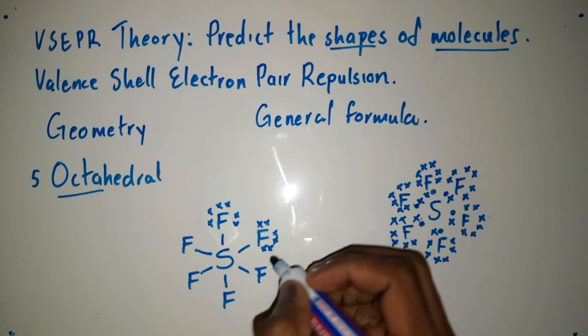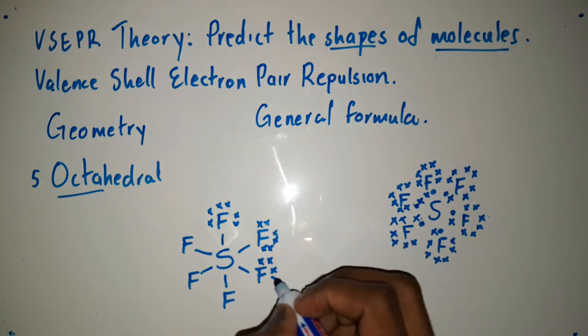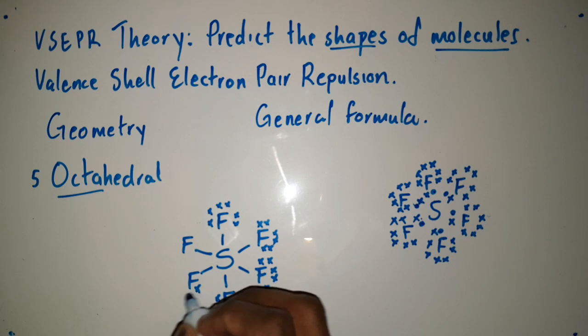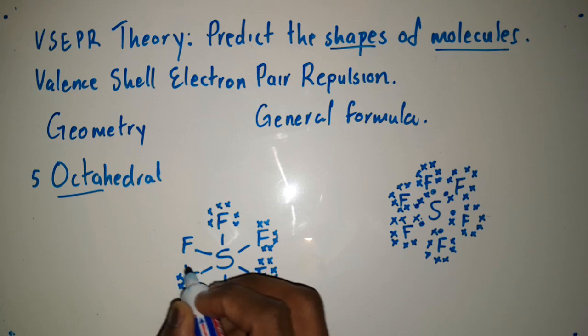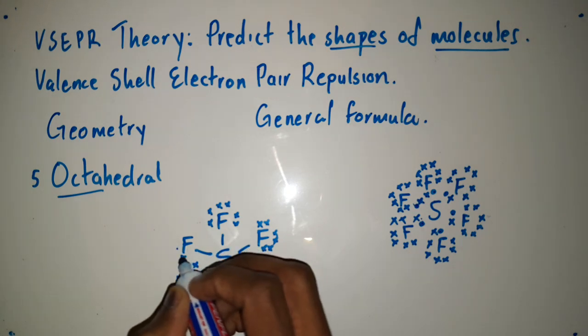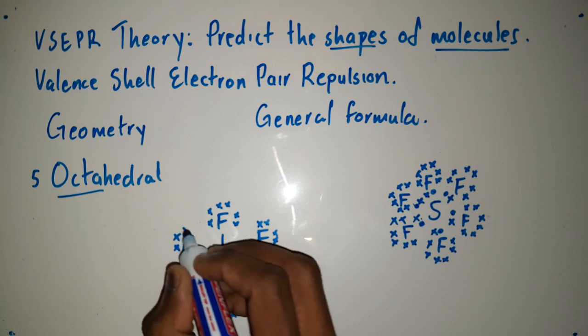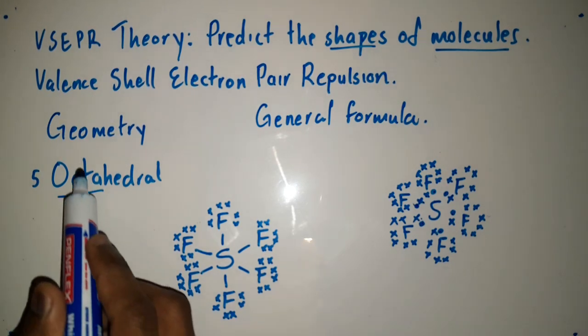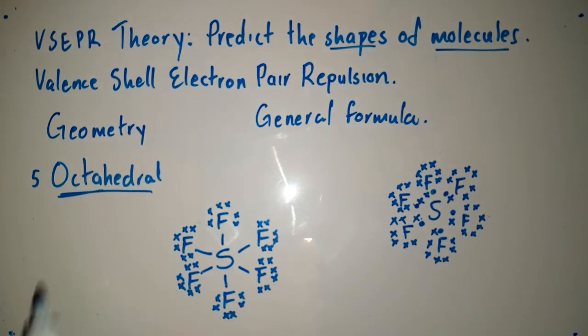Now, do you understand? This is what I'm going to have for this one. You see, like this. The octahedral. Its geometrical shape is known as octahedral.